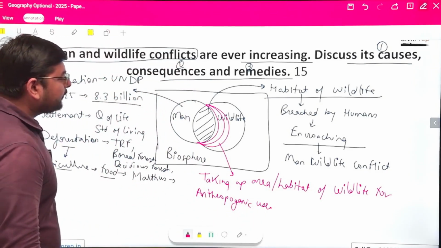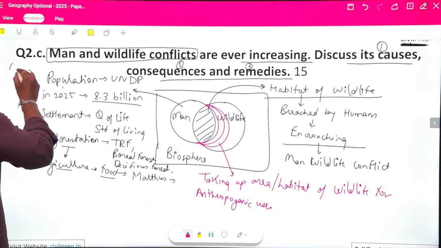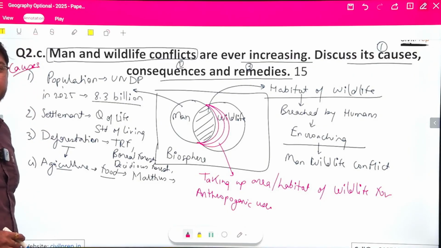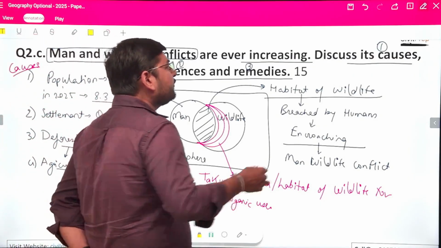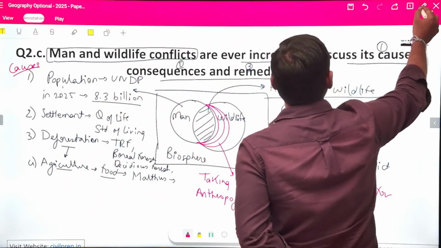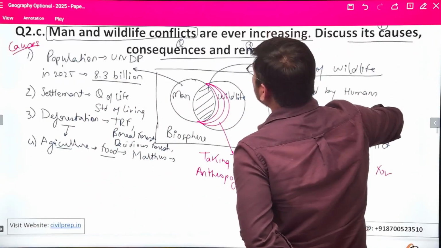This is what we are doing in the contemporary time. So we can take this as the causes of the man-wildlife conflict. Now, when we move to the next aspect, that is the consequences of the man-wildlife conflict.